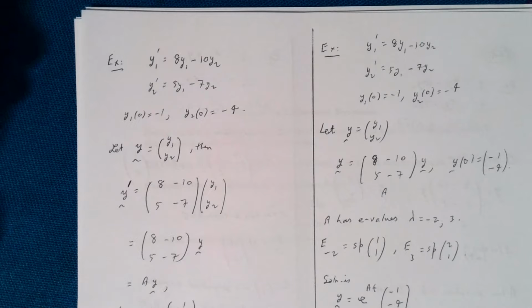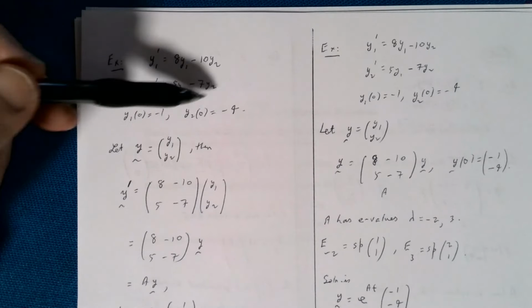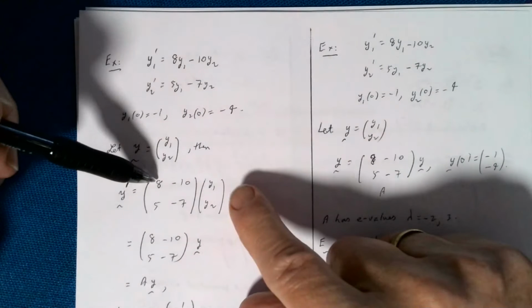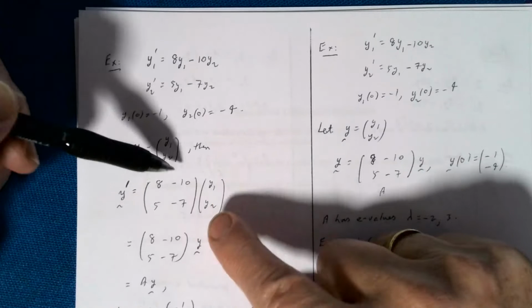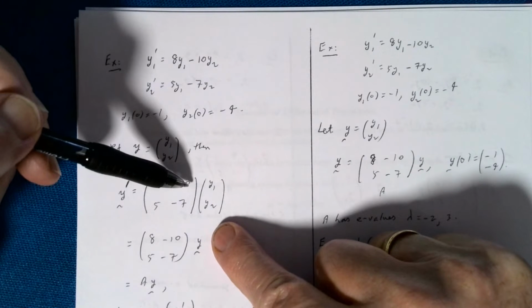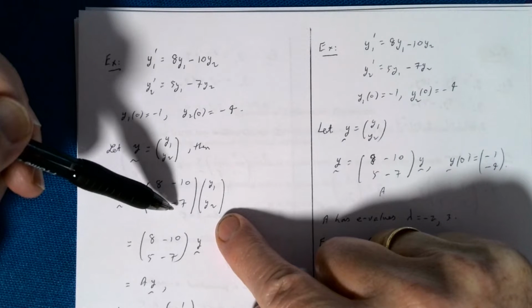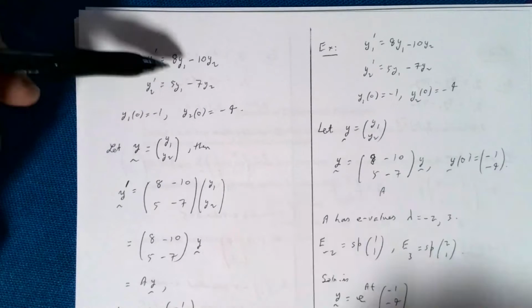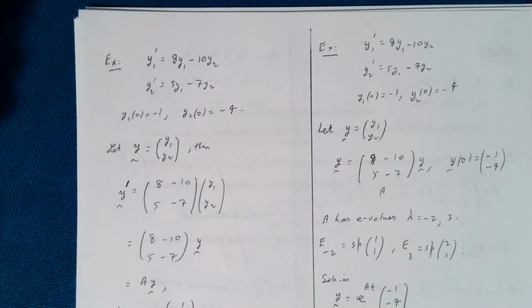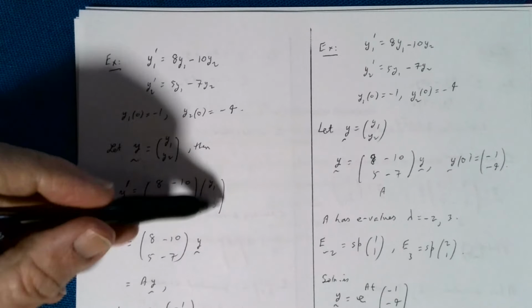And then we can write this as 8y1 minus 10y2 by matrix multiplication, and 5y1 minus 7y2. So this is just a nice way of representing this system of simultaneous equations in vector form, and this of course is our vector y.